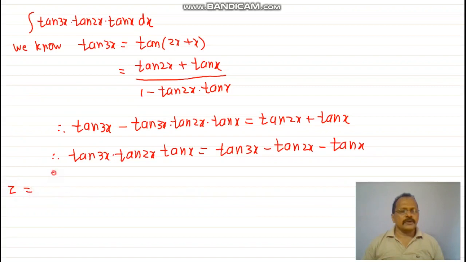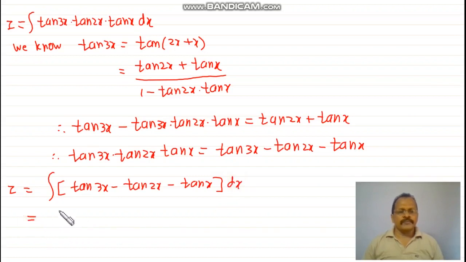I equal to integration tan 3x minus tan 2x minus tan x dx. This is equal to, now tan 3x integration is log mod sec 3x.